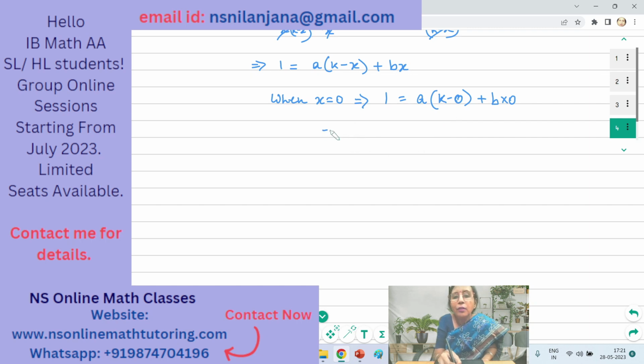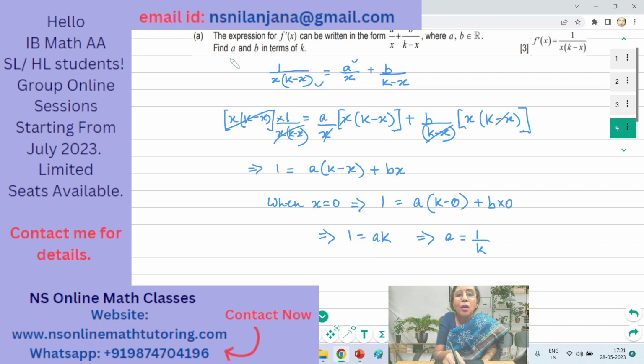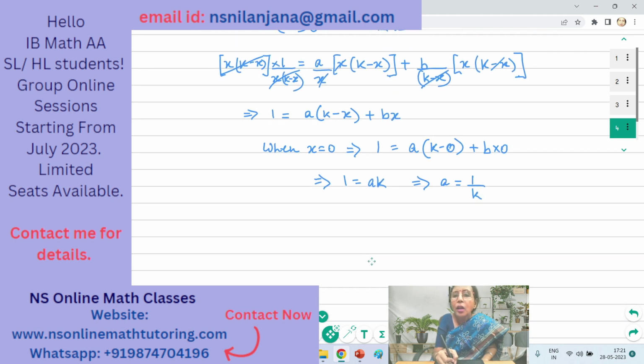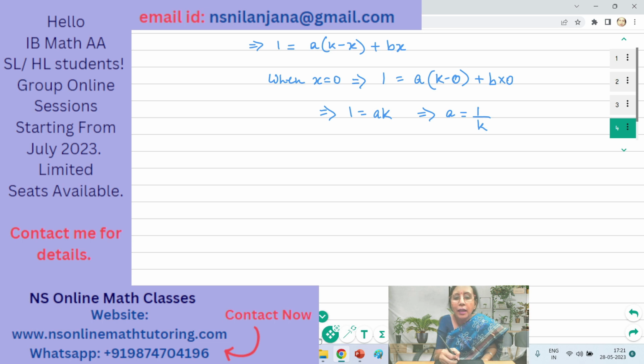Therefore, the equation becomes 1 equal to ak. Okay. Therefore, dividing both the sides by k, we get a as 1 over k, because they have asked us to get the values of a and b in terms of k. So we have got the value of a as 1 over k.